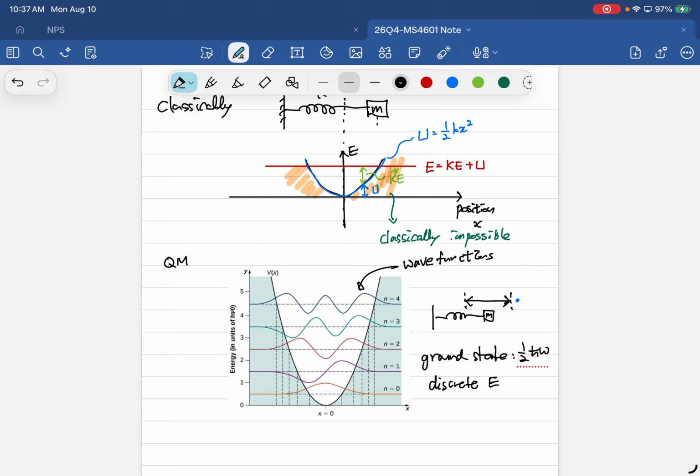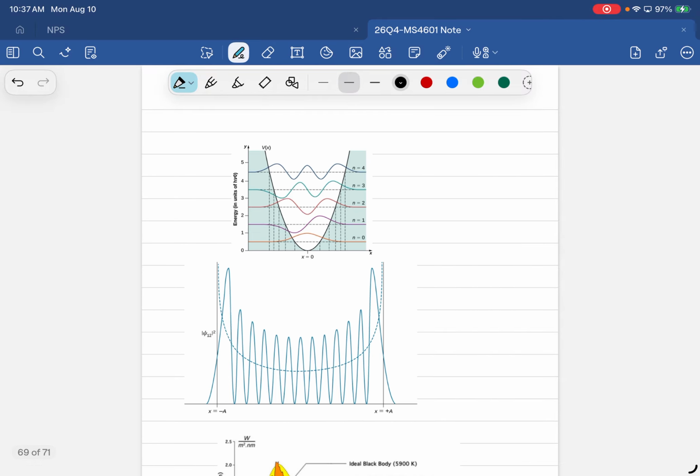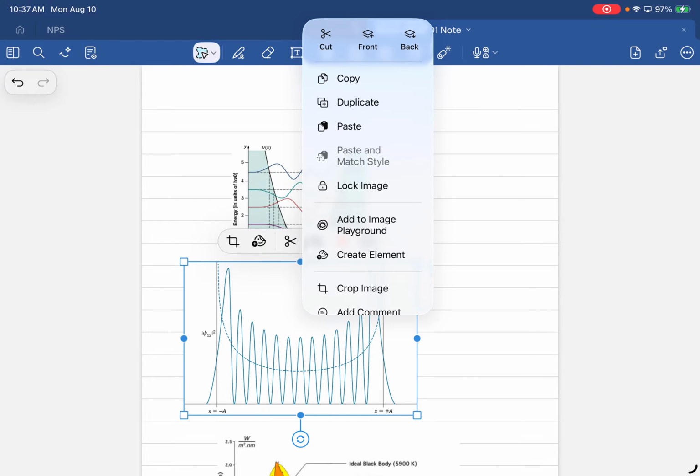So with that, let me go to another description here. For this one, let me bring another plot.